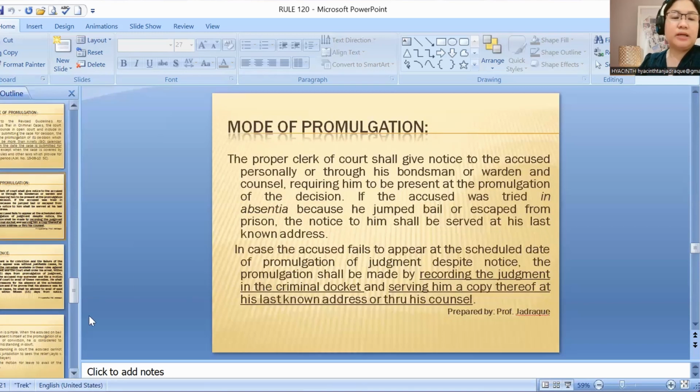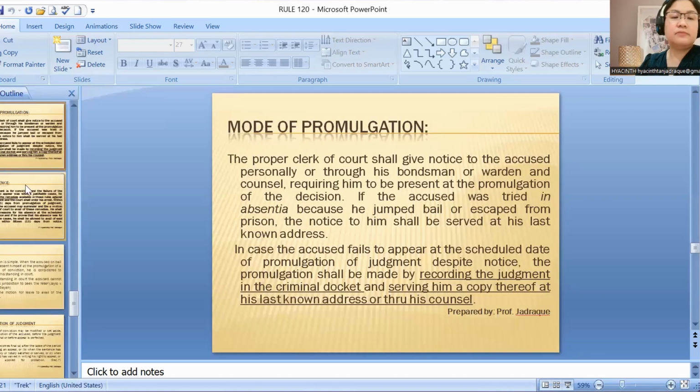How do we promulgate? The proper clerk of court shall give notice to the accused personally or through his bondsman or warden and counsel, requiring him to be present at the promulgation of the decision.